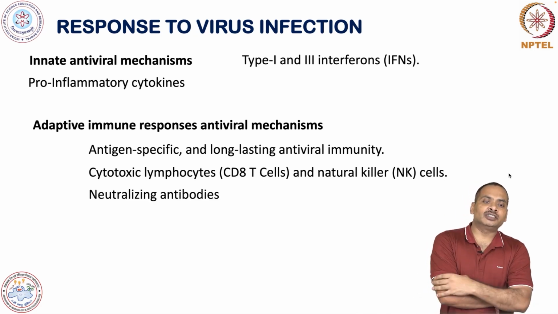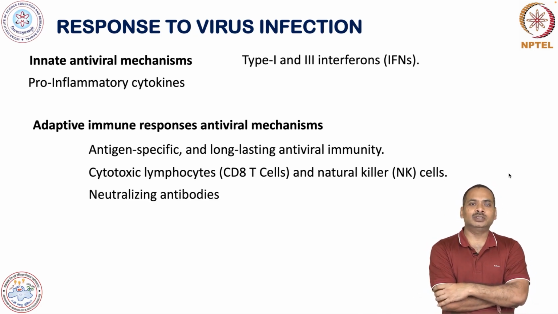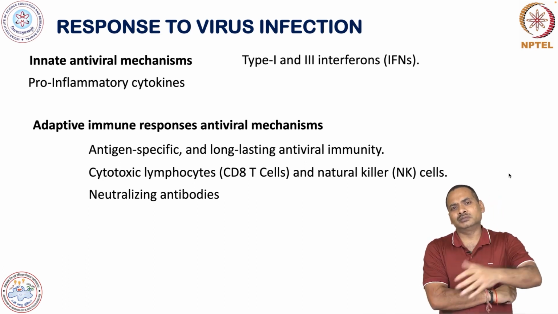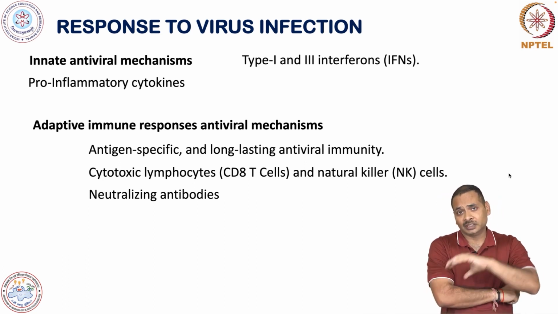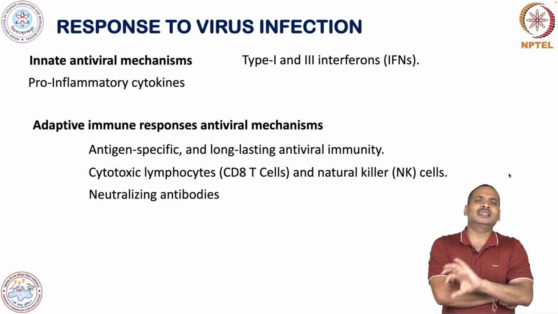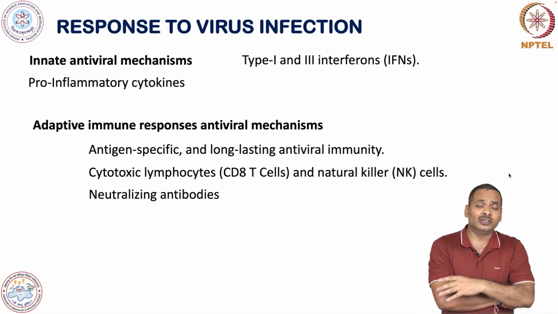There will be generation of neutralizing antibody. A lot of antibody will be generated, which will basically mask the viruses. Antibody can coat these viral particles, and then they will be phagocytosed. This is one way.